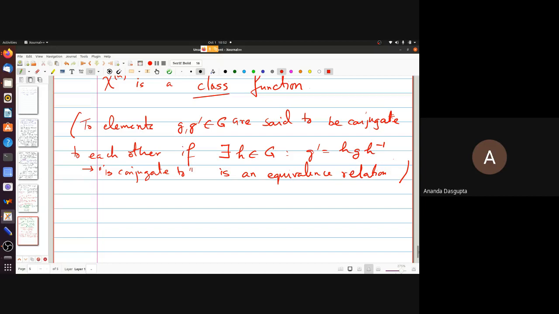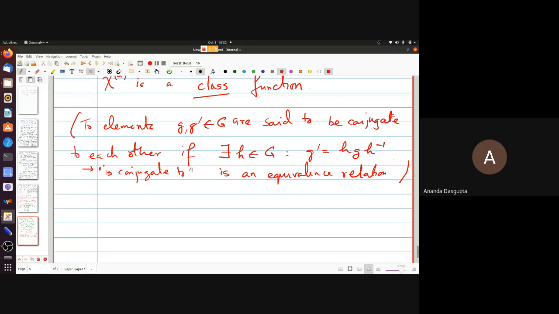Okay, let's have the proof that conjugate to is an equivalence relation. What's the proof of that? Come on, quickly. How do you prove it's reflexive? Everybody remembers what an equivalence relation is, right?